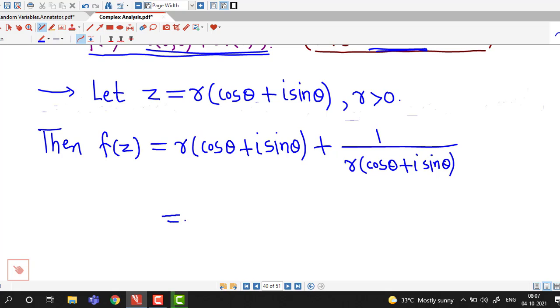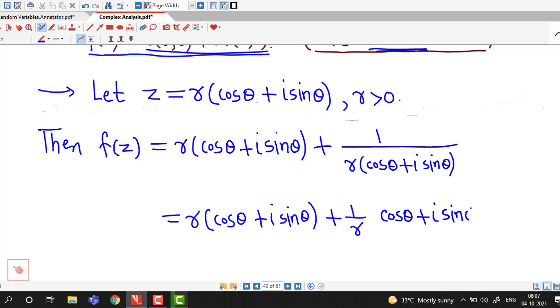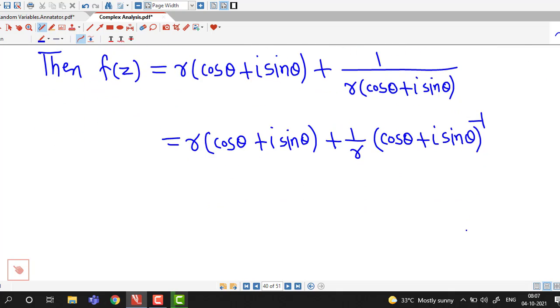So this is equal to r (cos theta plus i sin theta), and this we can rewrite as 1 by r times (cos theta plus i sin theta) to the power minus 1. So I am replacing 1 over (cos theta plus i sin theta) by (cos theta plus i sin theta) raised to minus 1.